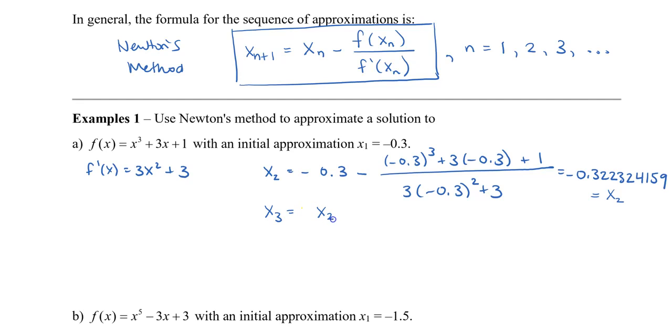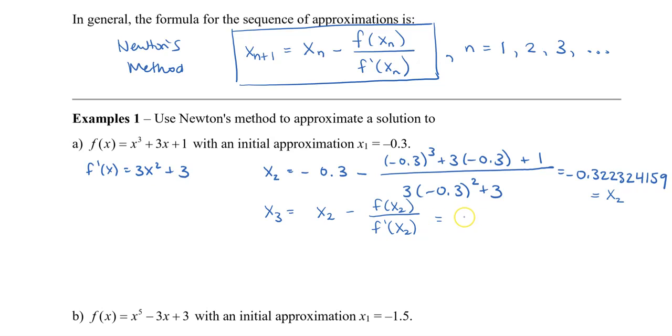So now I'm going to say x sub 2 minus f of x sub 2, which means I'm going to take the number negative 0.322232459, plug it into the x value here, all divided by f prime, taking this negative 0.322324159 and plugging it into the derivative. That would be my denominator.